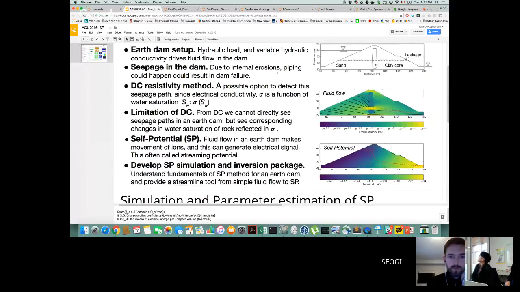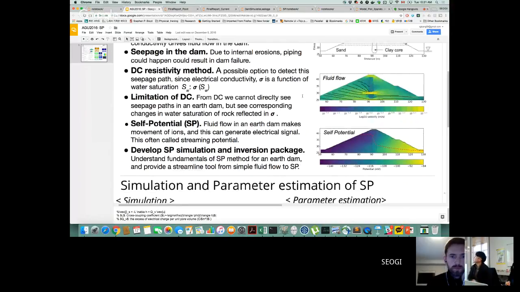The motivation to use SP is something like that, because you can still use the DC problem since it sees the conductivity contrast, and the water saturation will be different between this fully saturated zone and the dry zone. So if that changes due to the leakage, using the DC you can still see something. But still, that's not a direct detection.